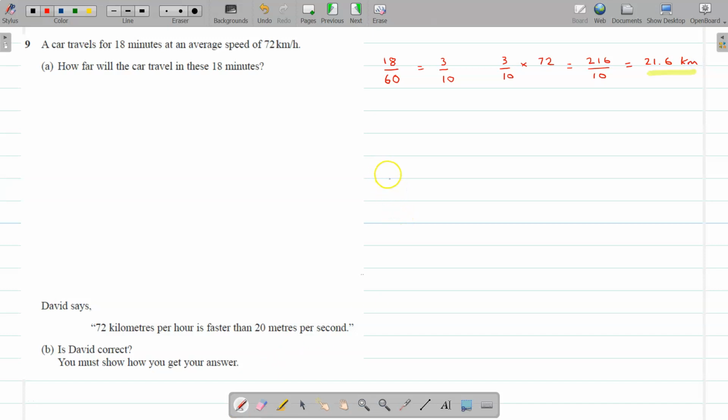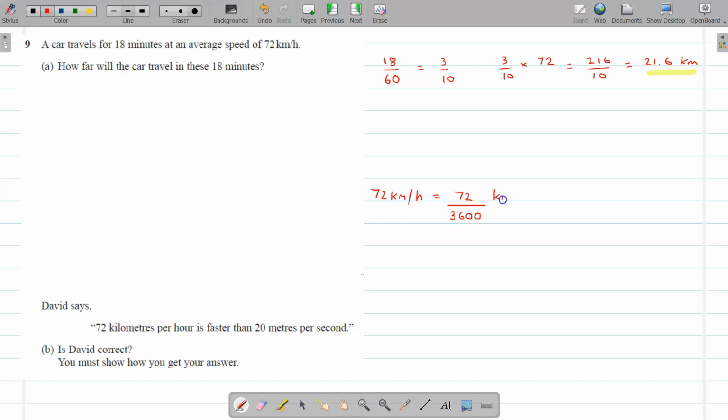Now in part B, we've got to evaluate this statement that David says that 72 kilometers per hour is faster than 20 meters per second. So we're going to start with 72 kilometers per hour, which is equal to 72, and then if we divide that by 60 and 60, in other words 3,600, that will turn it into kilometers per second.